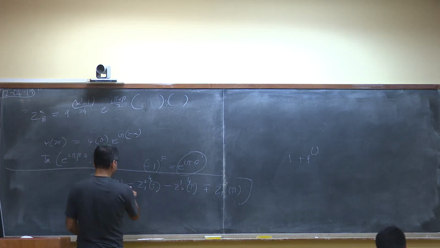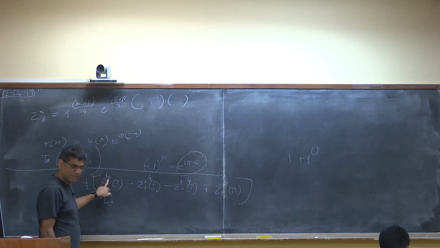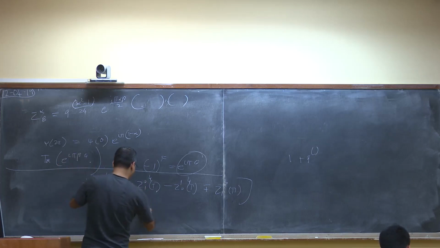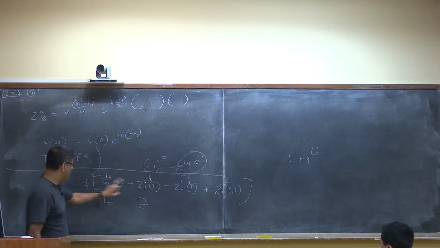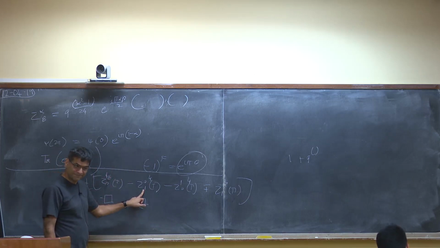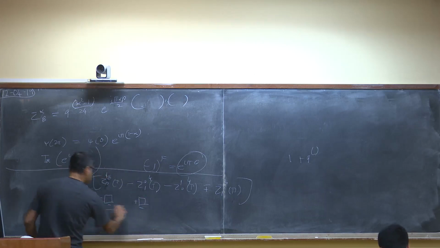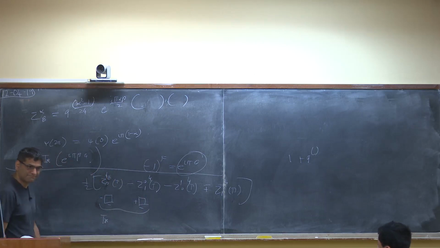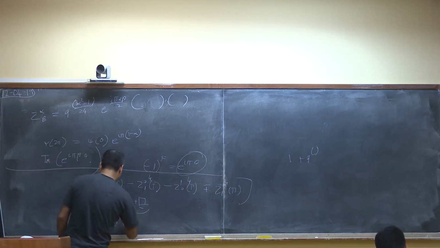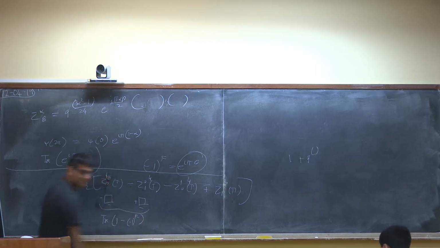Now this one has the same thing in space, so it's also minus, but it's opposite in time, and therefore with a plus. So this thing together was the trace of (1 minus (-1)^F) over 2 in the NS sector.